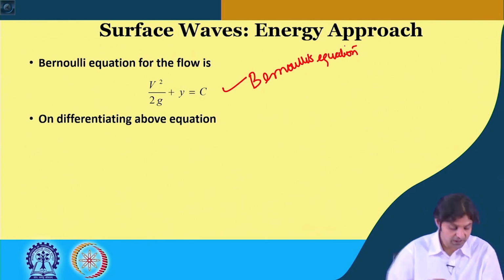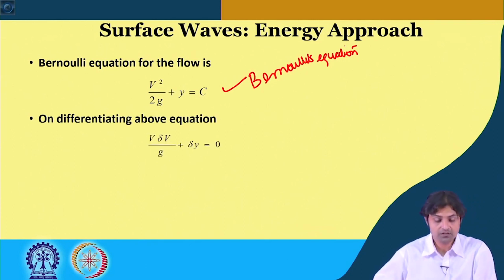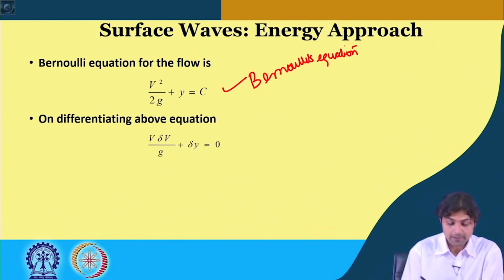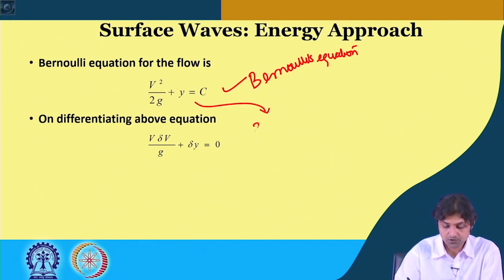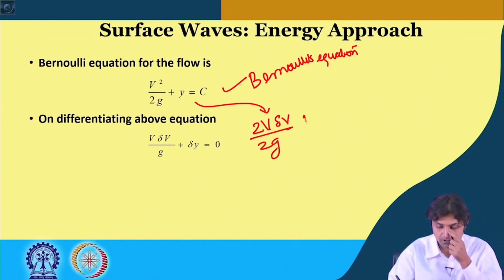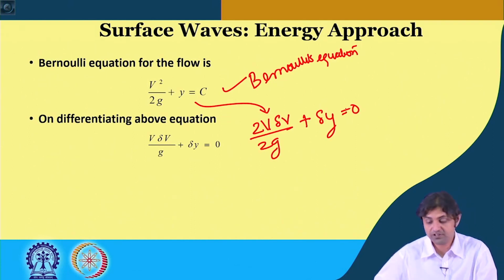If we differentiate this above equation with respect to y, V square will become 2V delta V and 2g will remain the same, and y will become delta y is equal to 0, because a constant when differentiated gives zero.